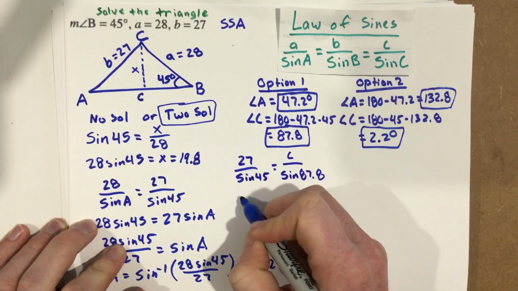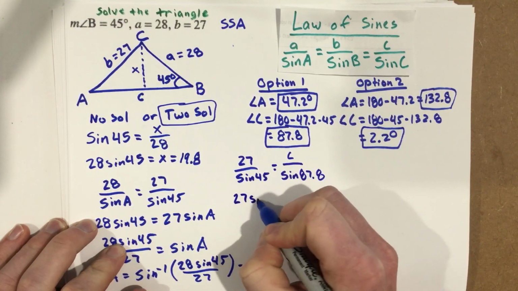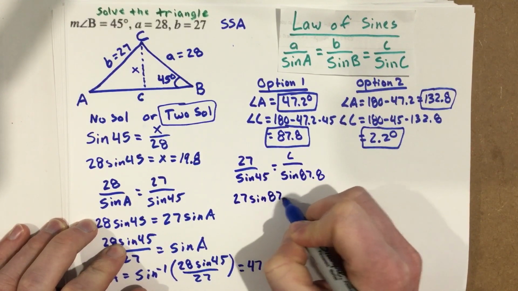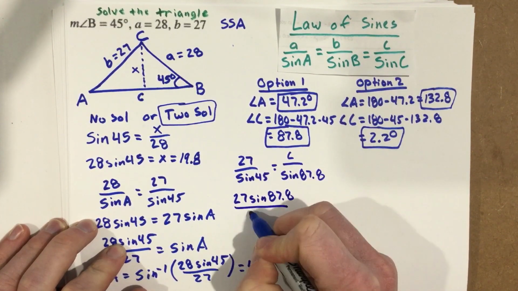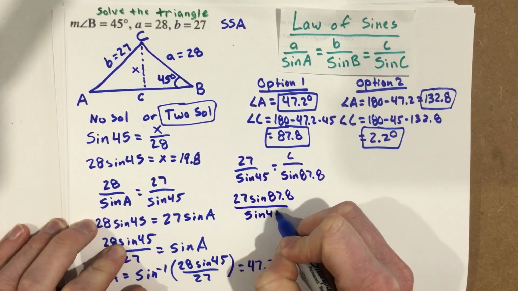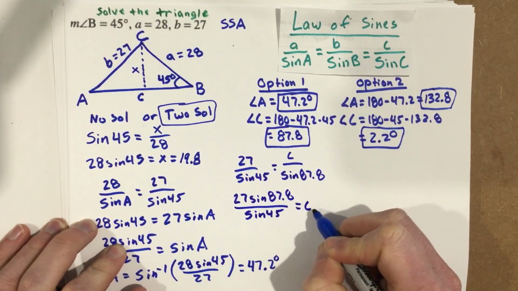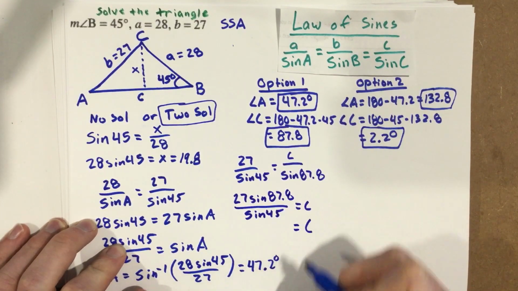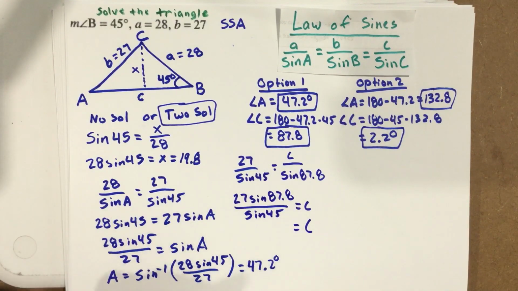Multiply that across, I get 27 sine 87.8 divided by sine 45 equals C. So C equals 27 sine 87.8 divided by sine 45, which is 38.2.